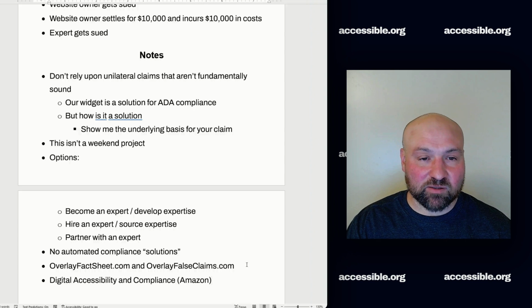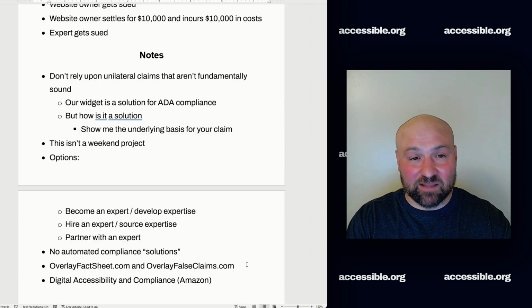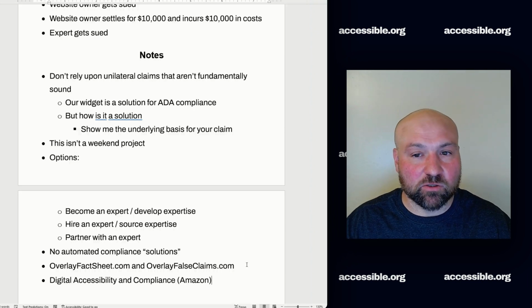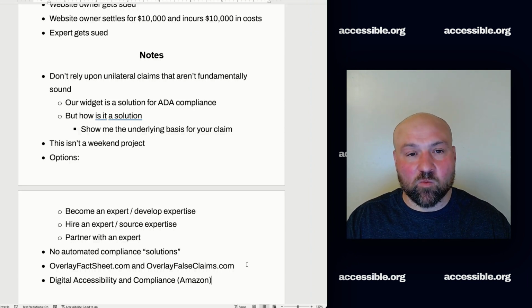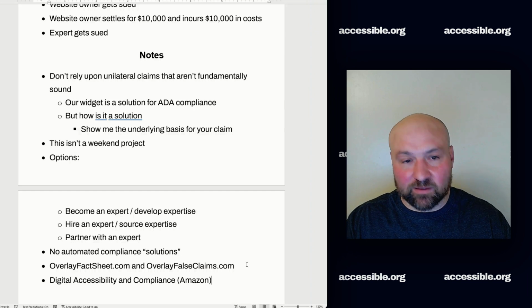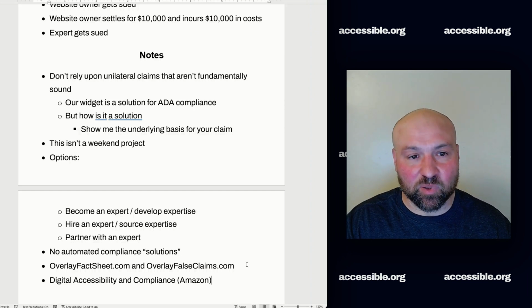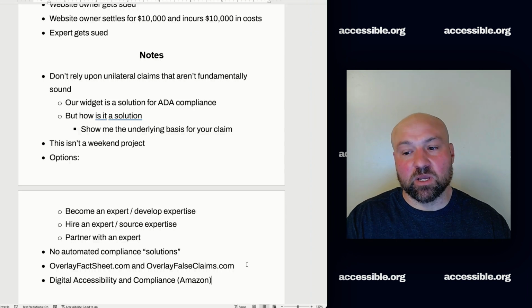If you want to enter this space, you need to understand it. And what happens is a lot of people rush into this recognizing the immense potential, but when they don't fully understand it, then it can give rise to risk. And so you really want to help people align themselves with the technical standards, because that's what material compliance comes down to.